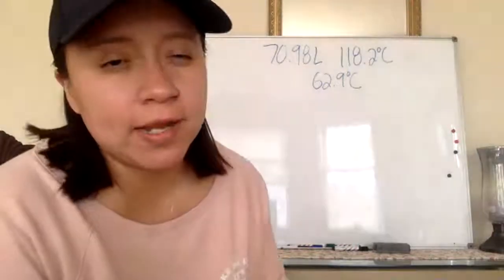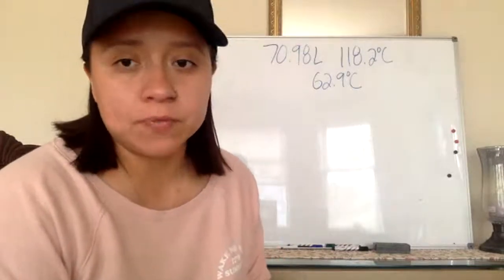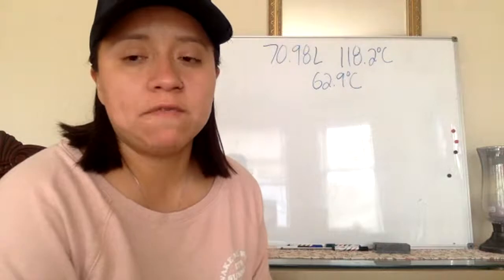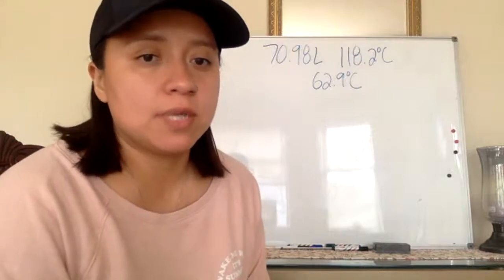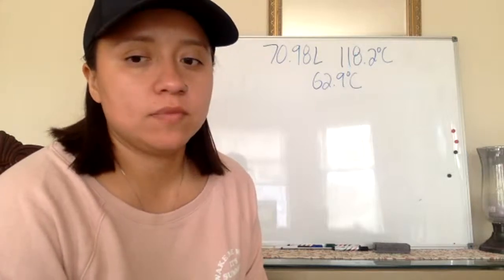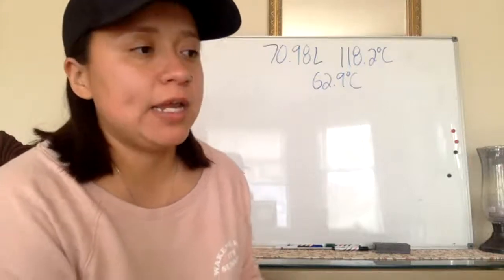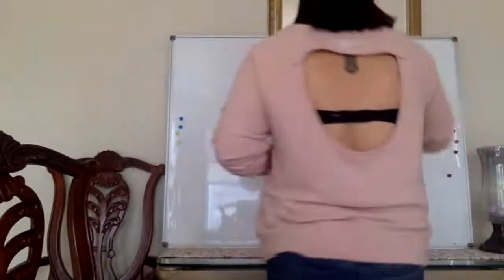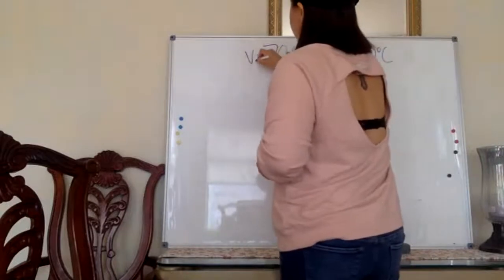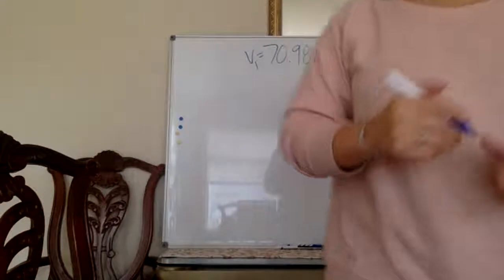So 70.98 liters. What variable does liters represent? Do you girls know? Yep. Nice job, girls. Volume. So 70.98 represents volume, and we know that's going to be our V1 automatically. Then 118.2 Celsius.